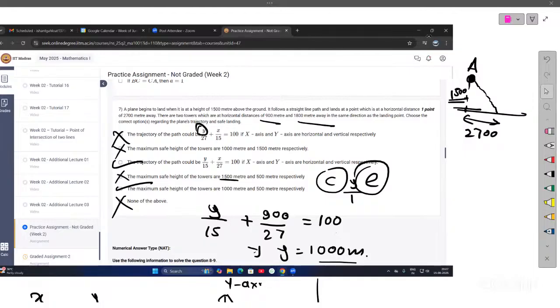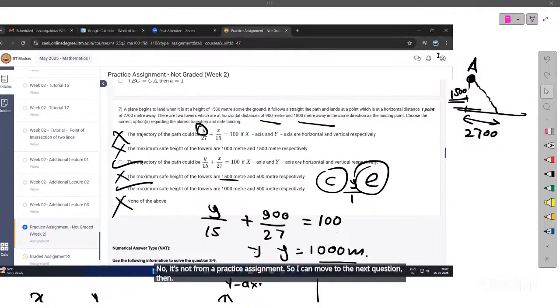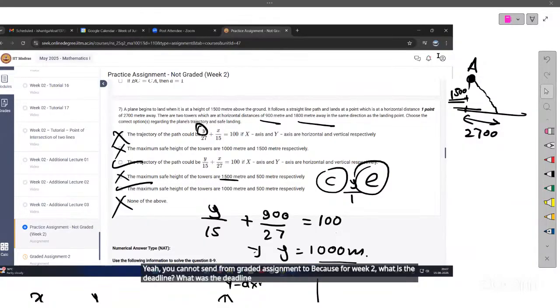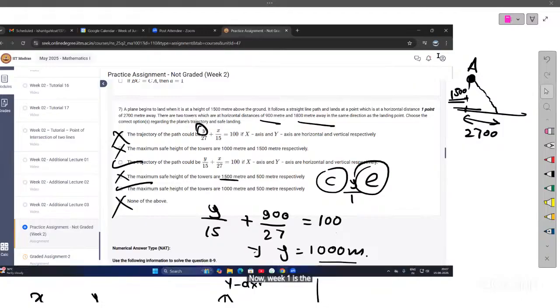No, it's not from the practice assignment. So I can move to the next question then. So they're not from graded assignments? Yeah, you cannot send from graded assignment too. Oh. Because for week 2, what is the deadline? What was the deadline? 11th? No, week 1 is the 11th. So 18th, week 2, ma'am. It will be 18th, right? So it's not over yet.